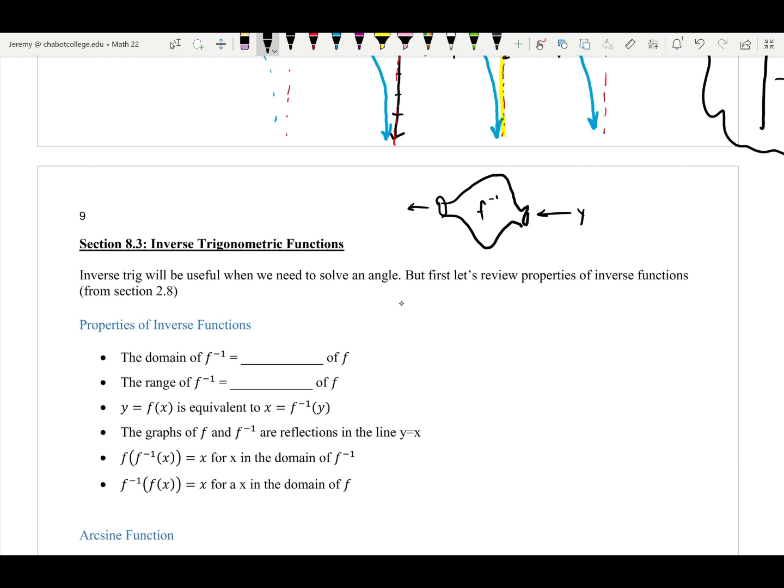And then out is going to come f inverse of y. So what this function is going to do is the opposite of whatever f did. So if f adds 1 to every input value, and that's how you get the output, f inverse is going to subtract 1 from every input value, and that's how you'll get the output.